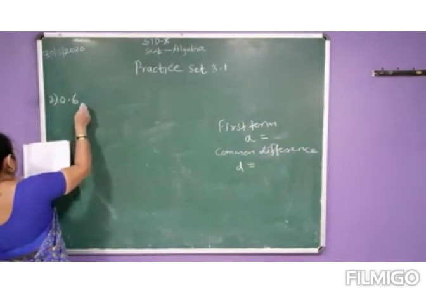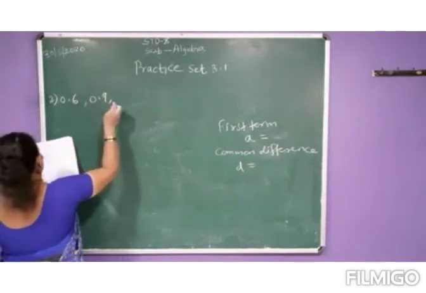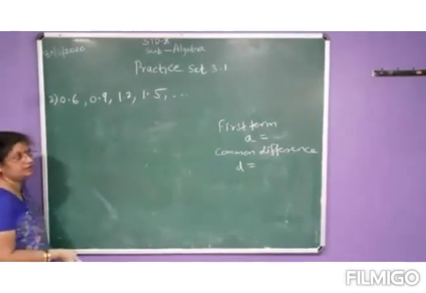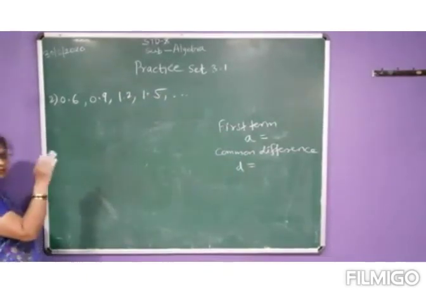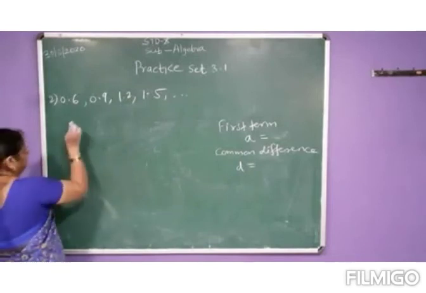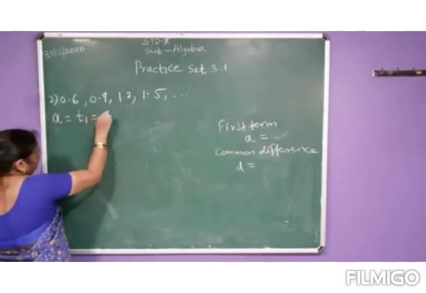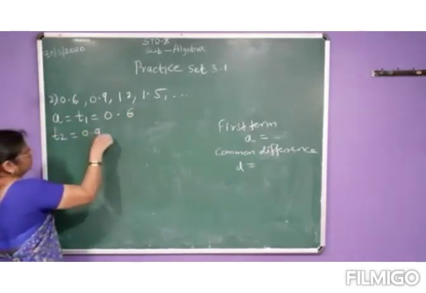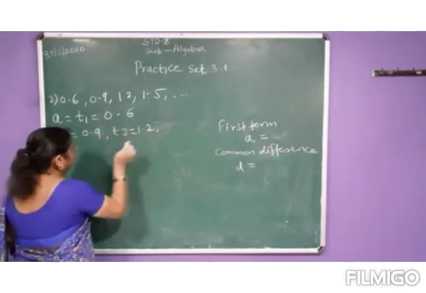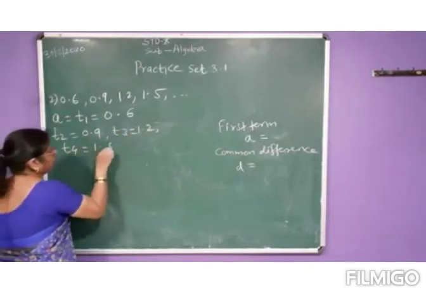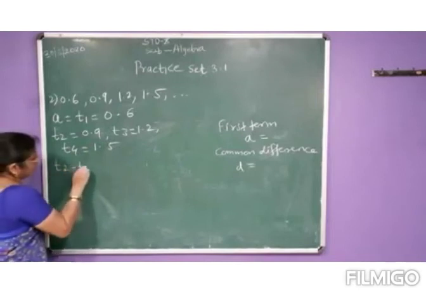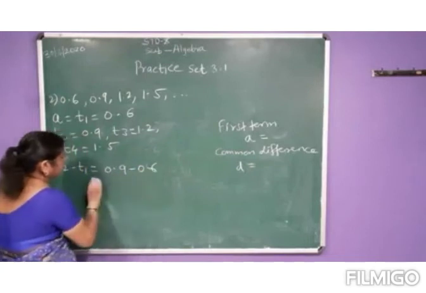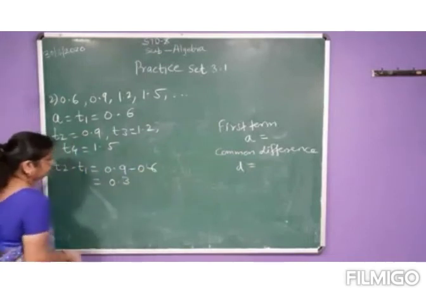Now we go to the second: 0.6, 0.9, 1.2, 1.5. This is the AP given, and we have to write the first term and the common difference. Here T1 is 0.6, T2 is 0.9, T3 is 1.2 and T4 is 1.5. T2 minus T1 is 0.9 minus 0.6, so 0.3.